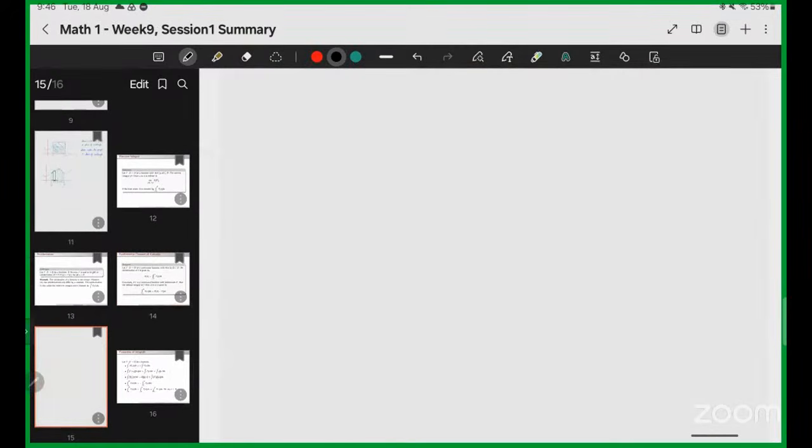So let's get to it. Let's start off with something simple. F of x is equal to x square on, let's say, the interval minus 1 to 1.